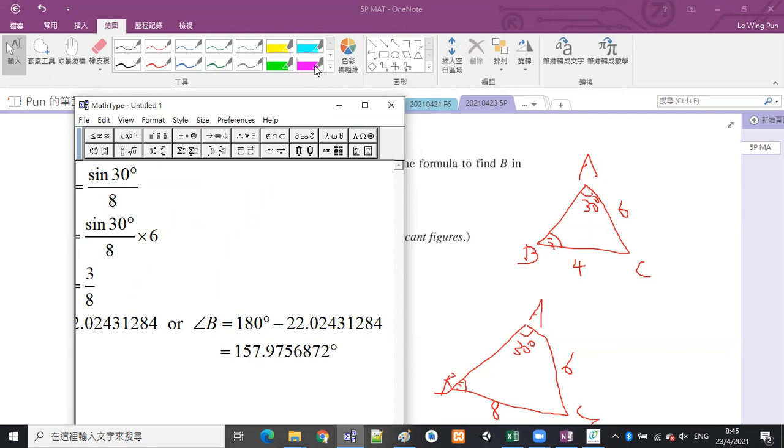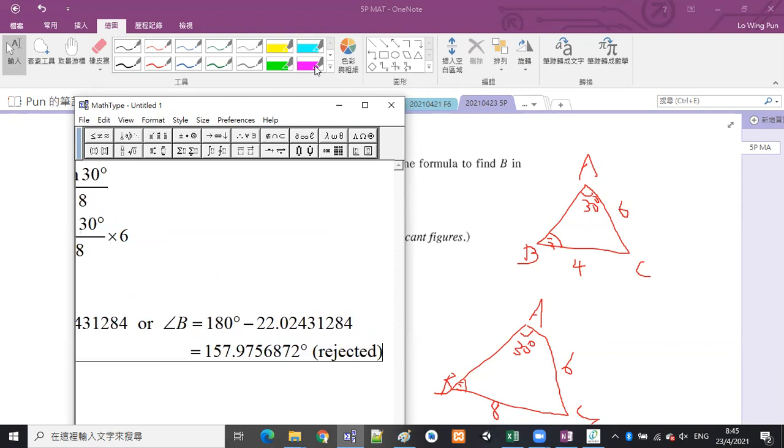So there is no room for the third angle in this case. So it does not really form a real triangle, which means that this answer should be rejected. You get the idea? Okay, so this one should be rejected.